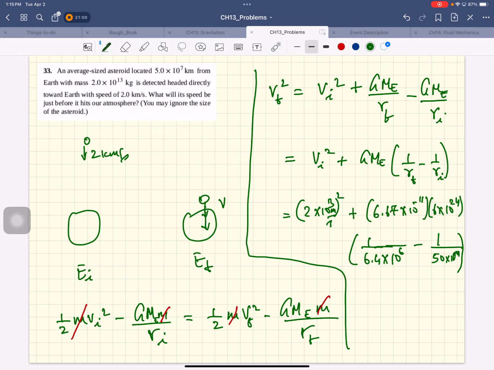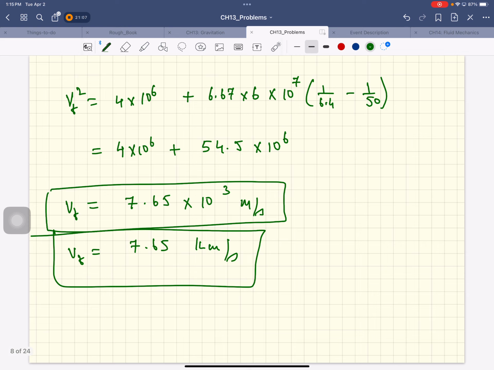Okay, that's 13 and 6, 7, and that should be 10 to the 3. And essentially this is 0.